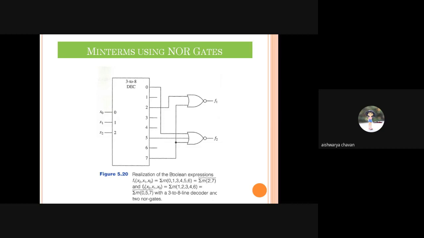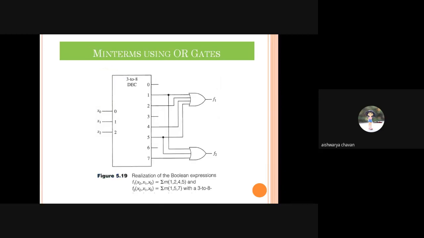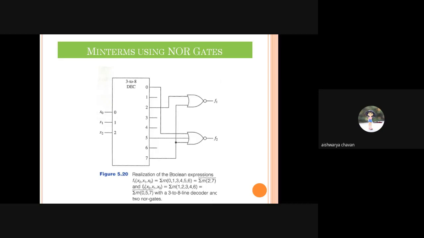So 0, 5 and 7, those outputs you have to connect to this NOR gate and implement the function f2. Okay. So this is minimization using NOR gates, and this one is the minterms by using the OR gates. Have you understood this?